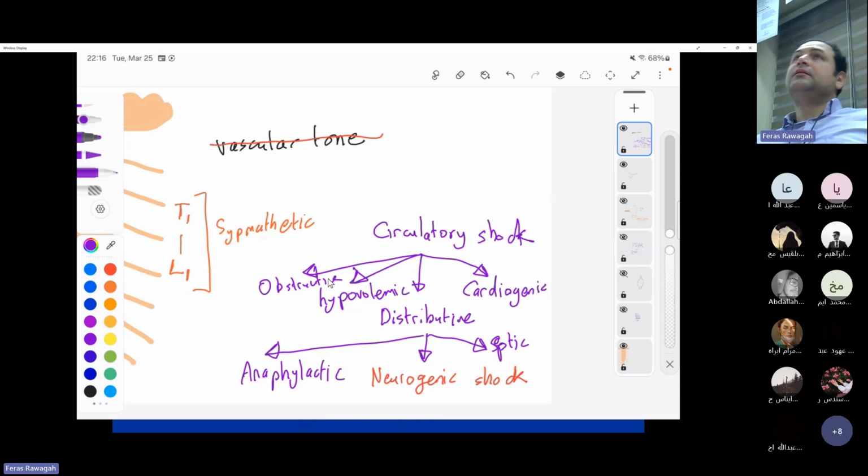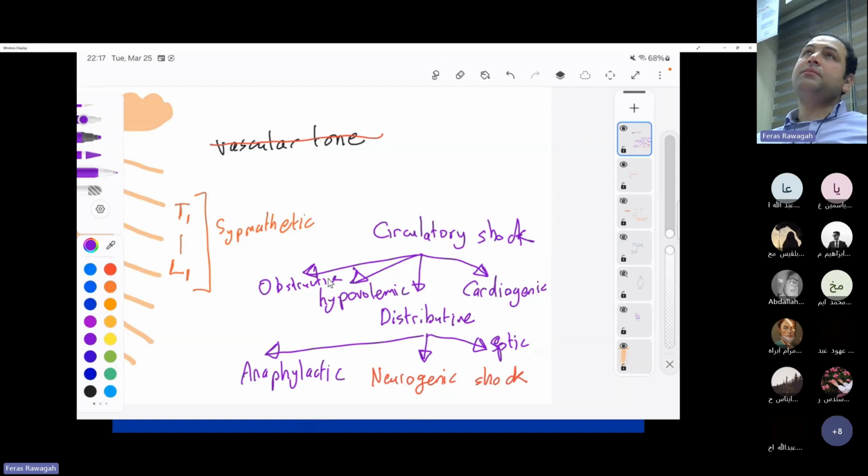Do not mix between the neurogenic shock and the spinal shock syndrome. As we said, the spinal shock syndrome is something different. Spinal shock syndrome is loss of all neurological function of the spinal cord below the level of injury, which will result in loss of tone and loss of reflexes temporarily, while the neurogenic shock is circulatory shock.